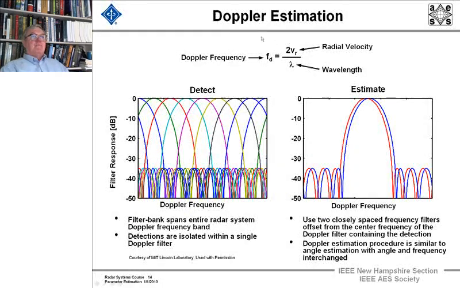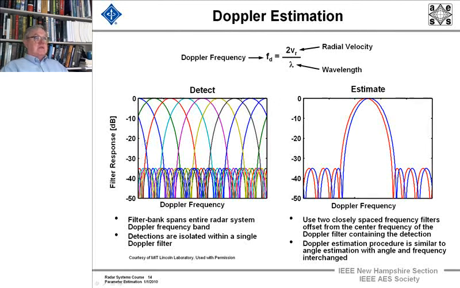Now, to make Doppler estimation, first what we do is, here's the Doppler frequency we measure, and the Doppler frequency is twice the radial velocity divided by lambda.